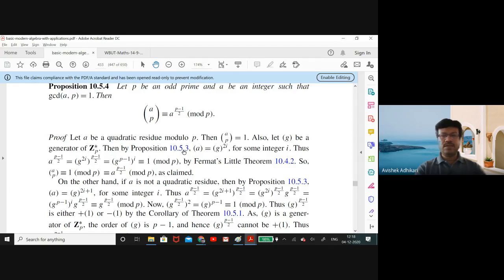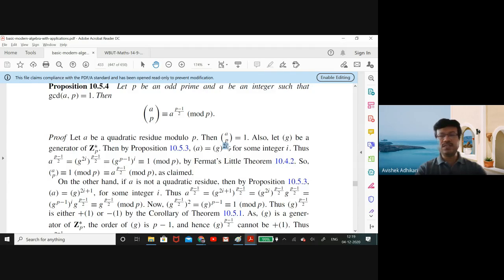Okay. Now let G be a generator of Z_P star. As A is a quadratic residue, when I represent A in terms of G, the generator, the power must be an even integer. So A is congruent to G to the power 2i, where i is some integer.